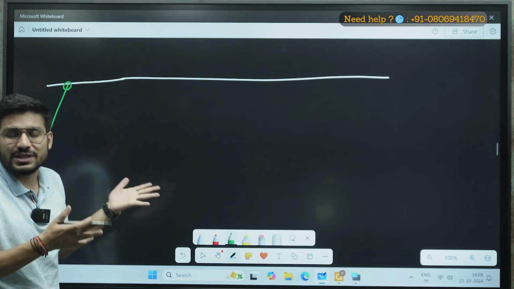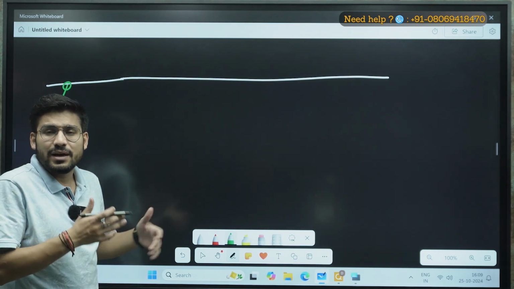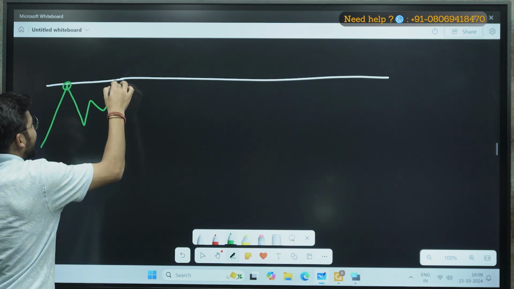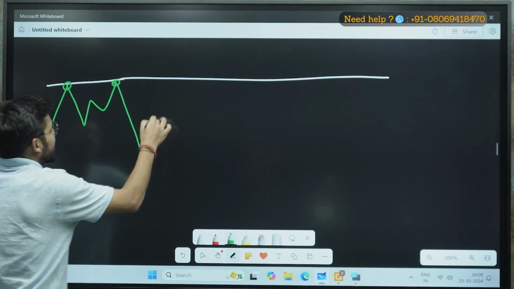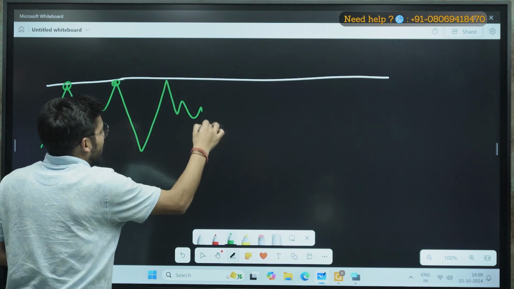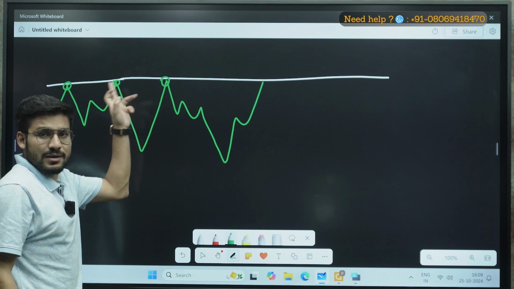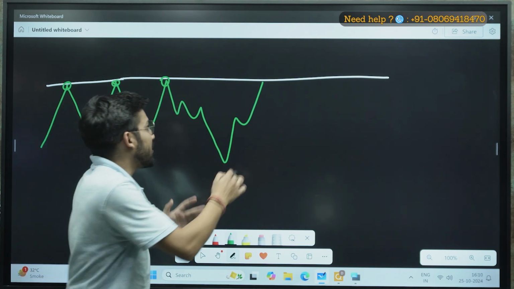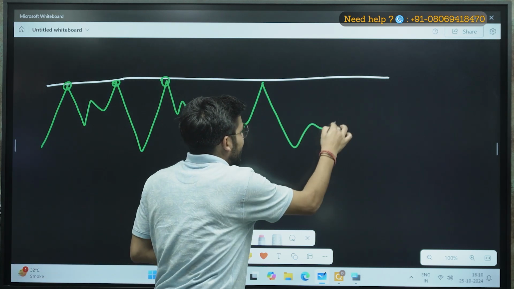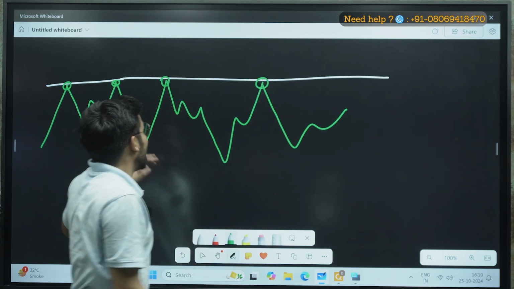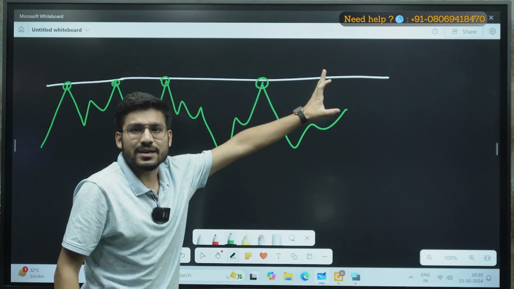I'm taking an example of resistance, but it can be a support also. I have seen in the past many times my market was taking rejection at this certain point, and that is why I have analyzed this as a major key level for me. So if my market is currently trading at this level, I know this level can reject my price again.